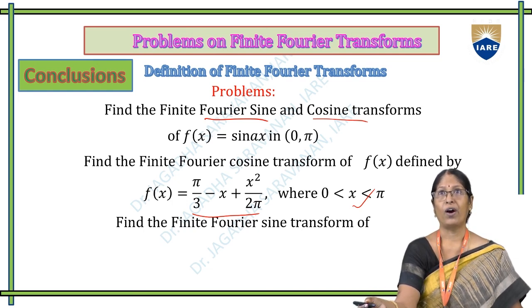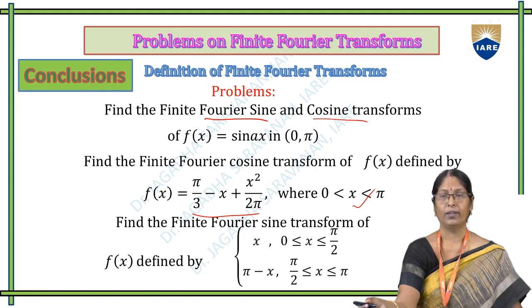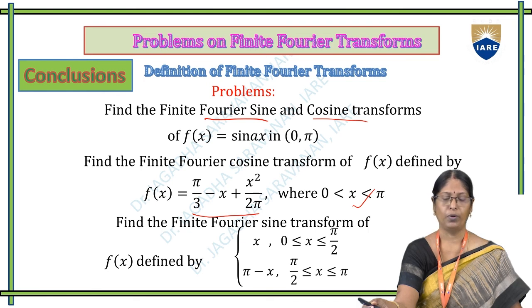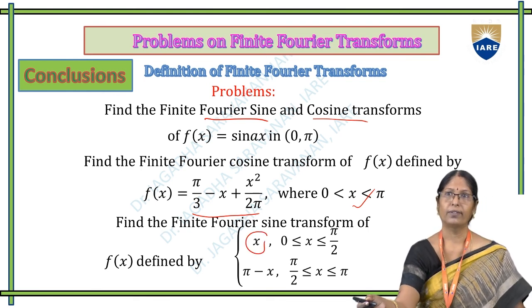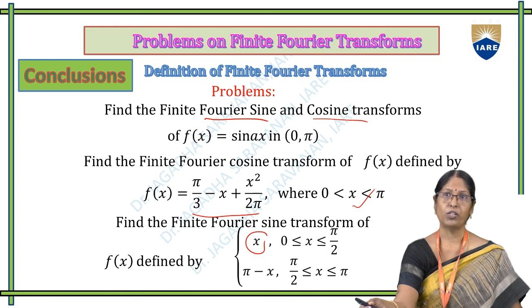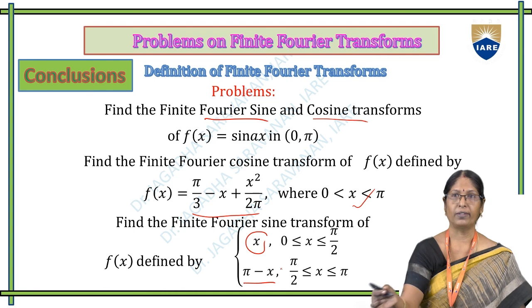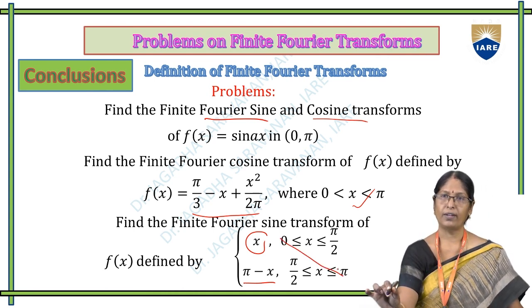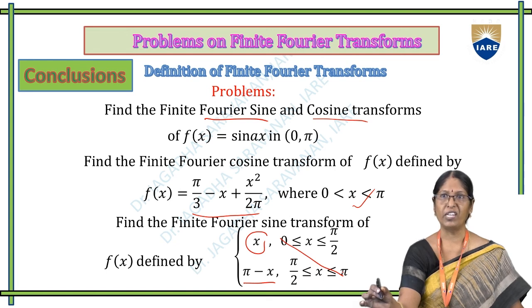The next problem we concentrated on was: find the finite Fourier sine transform of f of x defined by x, where x lies between 0 to pi by 2, and if x lies between pi by 2 to pi, the function is pi minus x. Our starting point is 0 and the ending is L, so our L is pi, but the 0 to L has been given a break.